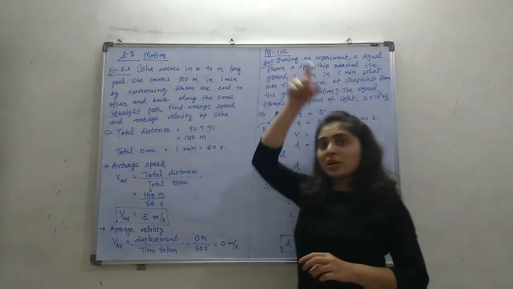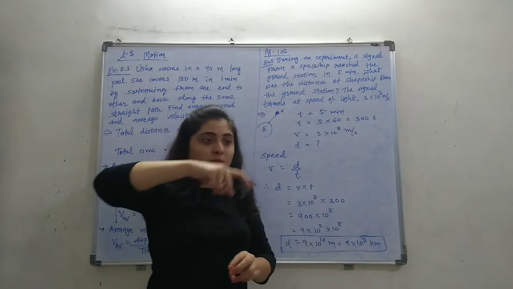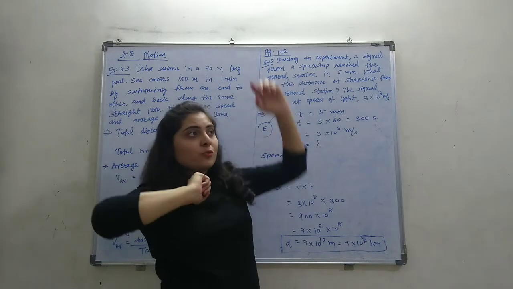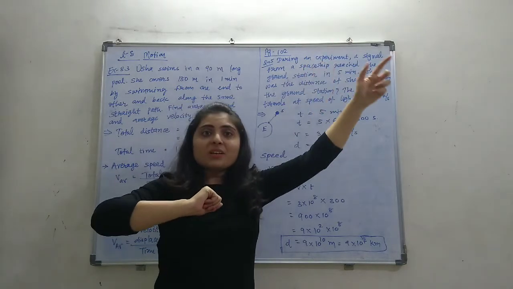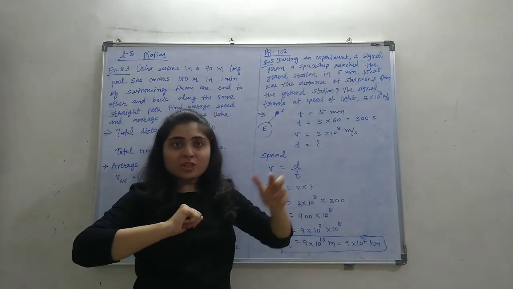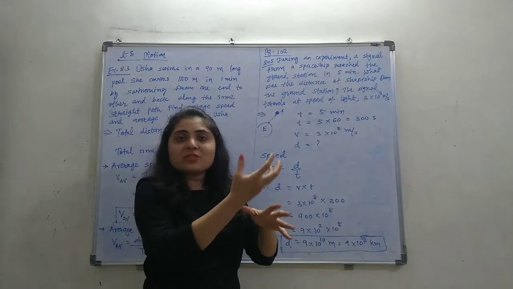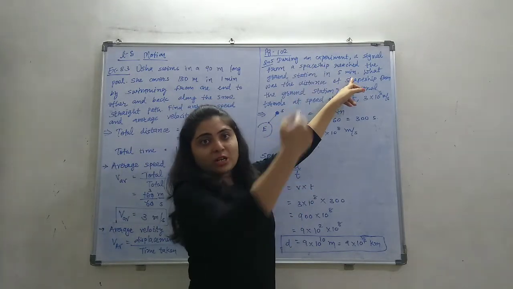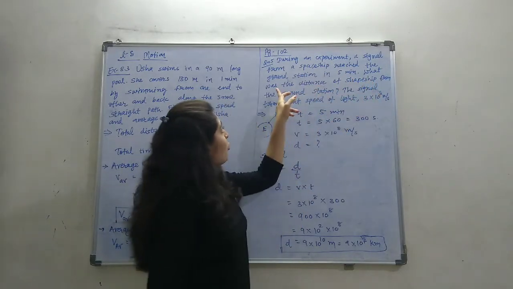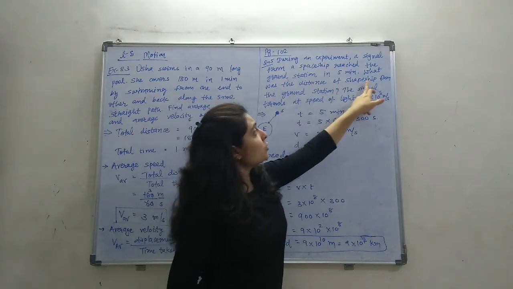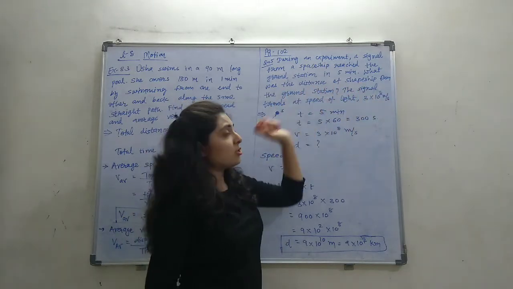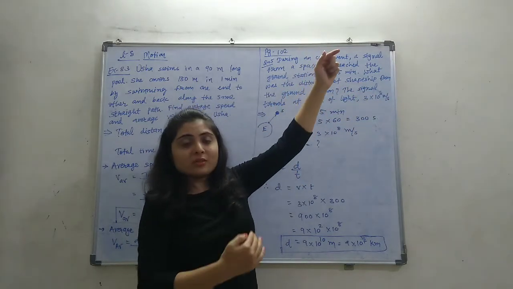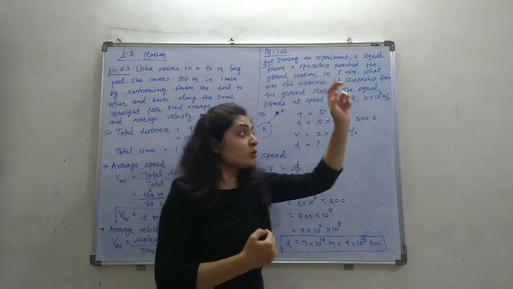Okay, spaceships are rotating around the Earth. So from the spaceship, one signal is traveling and reaching the ground, where at the station it is received in 5 minutes. Okay, so it takes 5 minutes to reach the ground. What was the distance of the spaceship from the ground station? So how much distance from the ground the spaceship was?